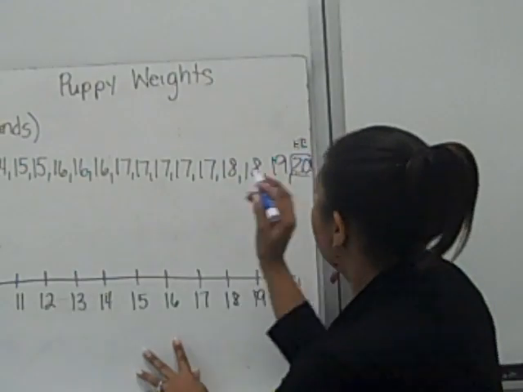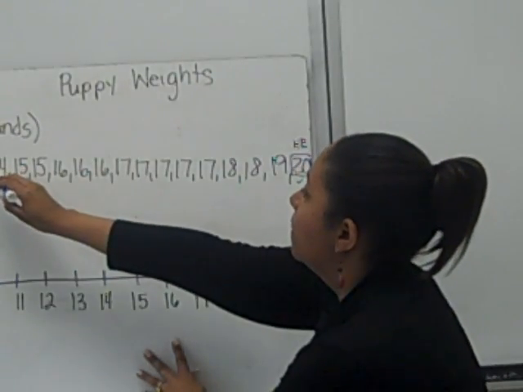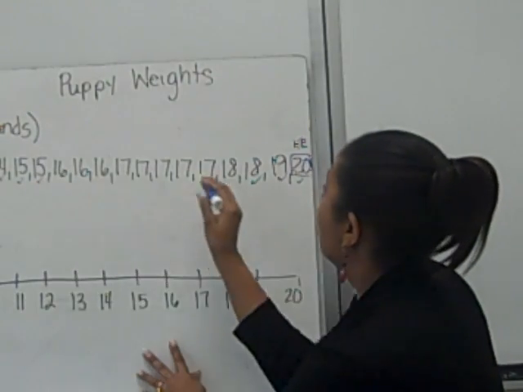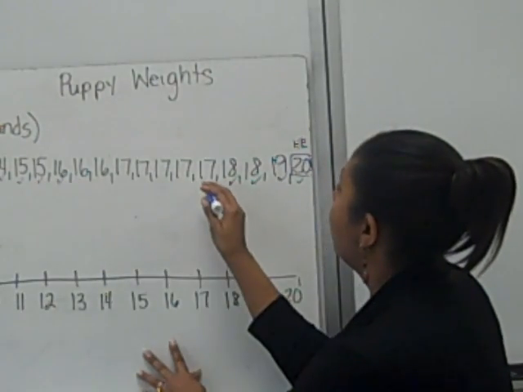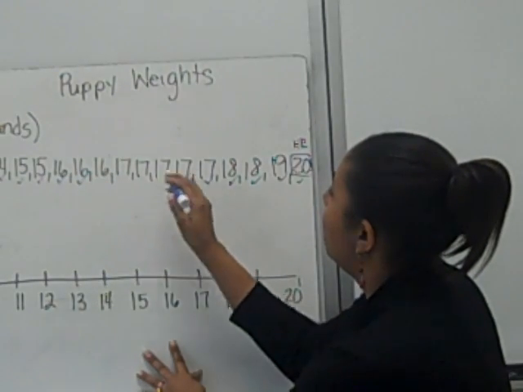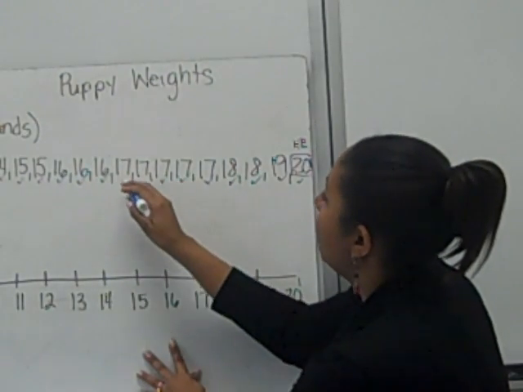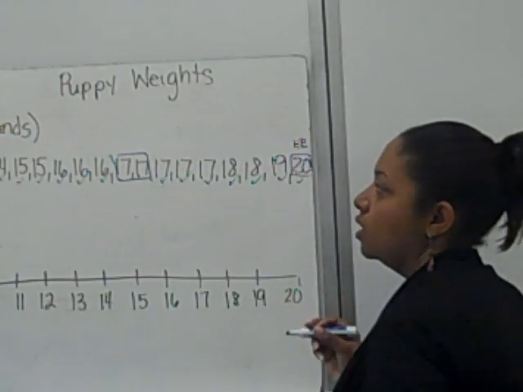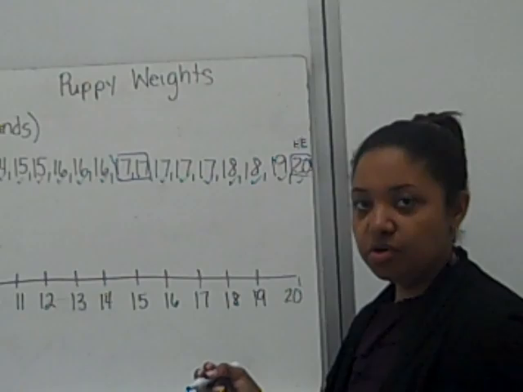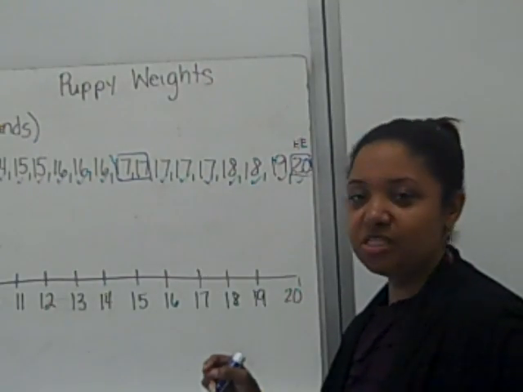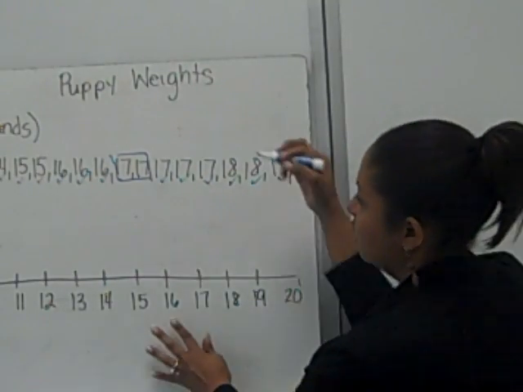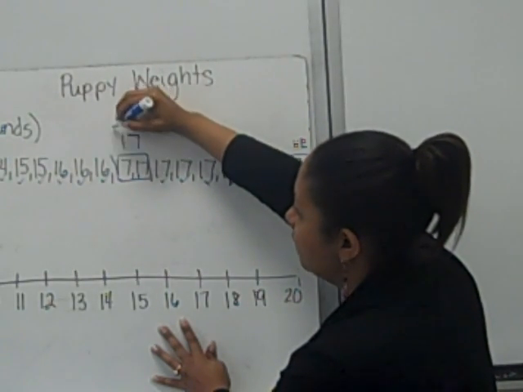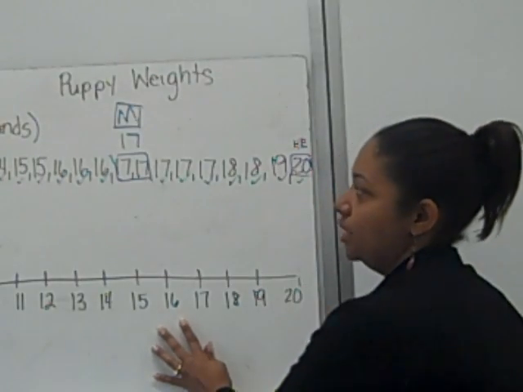So, okay, we have 2 middle numbers, and you know that we add them together and then divide by 2, and they're both 17, so we know that the median is going to be 17. So I'm going to bring the 17 up here, and I'm going to put a big M on top, and I know that's going to be my median.